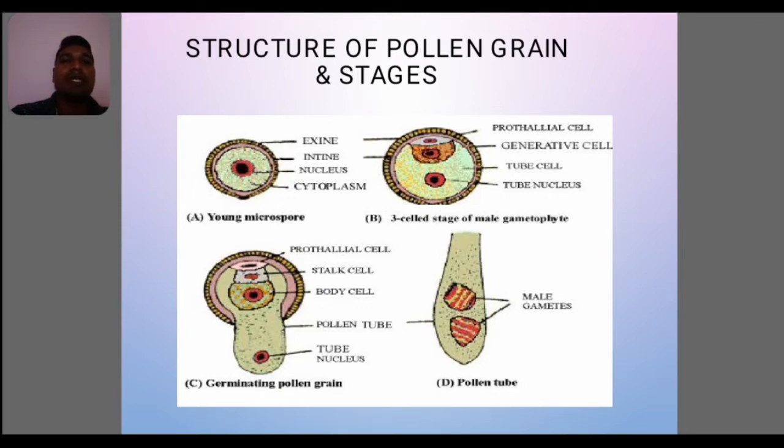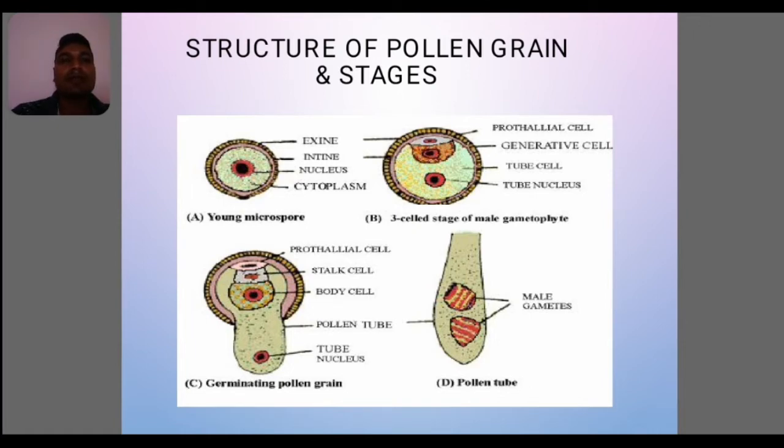So at the time of germination, the prothallial cell is there. First of all, the pollen adheres on the stigma and starts to germinate by absorbing nutrition from the stigma.